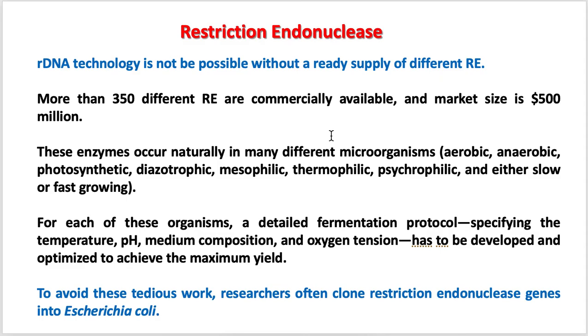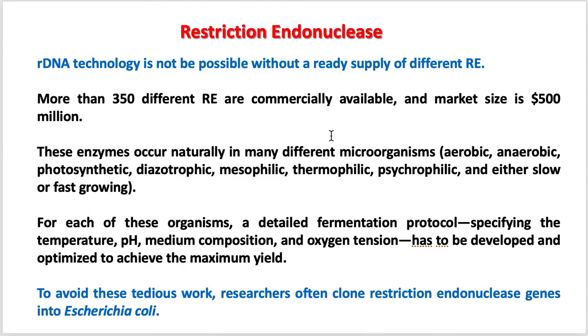So basically what restriction endonuclease do, they can cut the DNA. Say for example we have a DNA and we want to insert a gene into that DNA. So first we need to cut that mother DNA, and for this cutting we use restriction endonuclease. They can cut DNA at specific places.